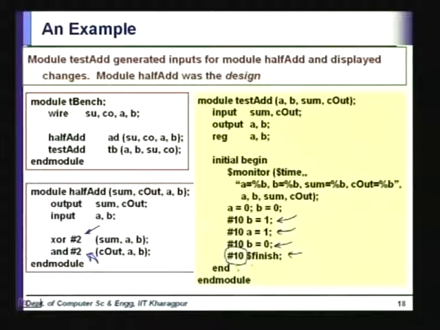And so you have kept a time of #10, assuming that by that time it is going to settle down, right. And then $finish means that is the end of simulation, right. So this whole module is integrated with this and linked through these wires. So when simulation starts, it is going to run for 10, 20, 30, 40 units of time and then terminate. Is that clear? Right.